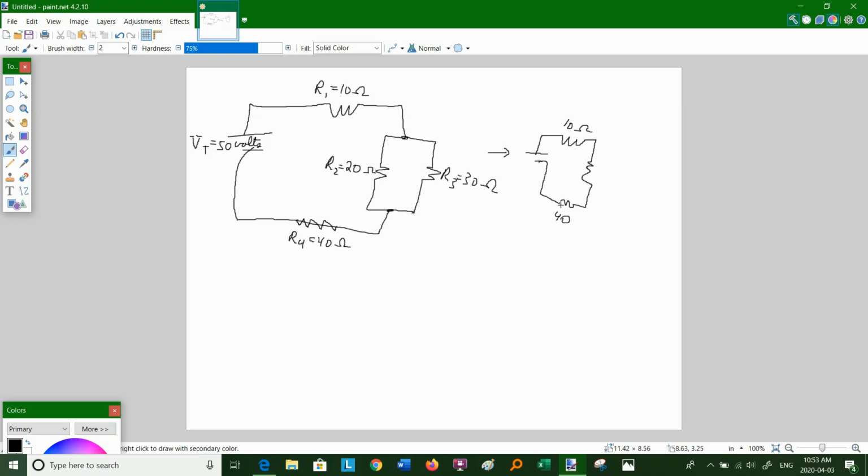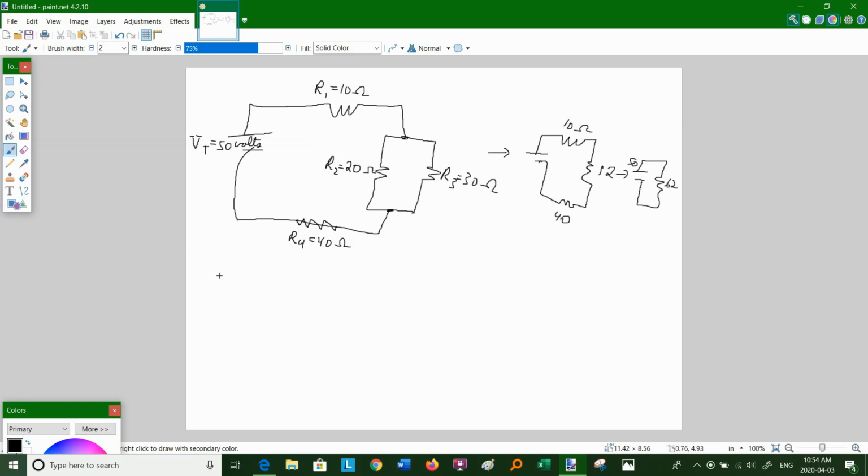I'm just punching it on my calculator here: 1 divided by 20 plus 1 divided by 30, and then take the reciprocal of that, and I get 12, right? It's less than each of those. So then the equivalent resistance is 10 plus 12 plus 40, 50 plus 12, 62.